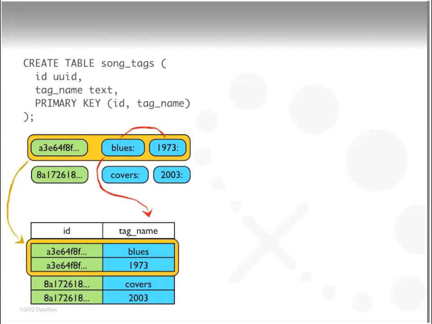So you can see that the A36 UUID, we have a single storage engine row that becomes multiple rows that are exposed in the CQL result set. In fact, we have 1 row per storage engine cell. And the storage engine cell name becomes the tag name value in the CQL result set representation.